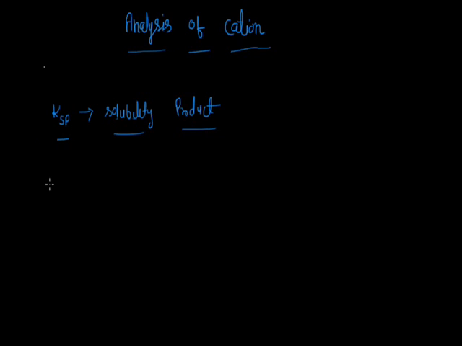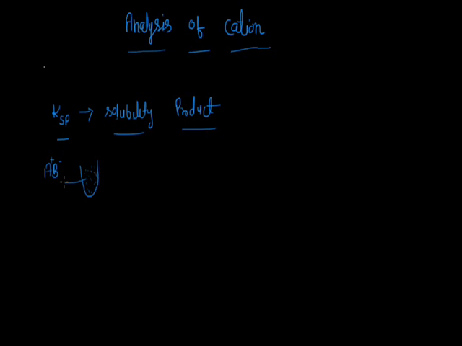Now, first we will discuss what is the meaning of this solubility product KSP. What is the relation of the classification of cation with this KSP? So, for example, we are having a salt like AB, that is A plus and B negative. It is dissolved in a solvent like water or any other solvent.